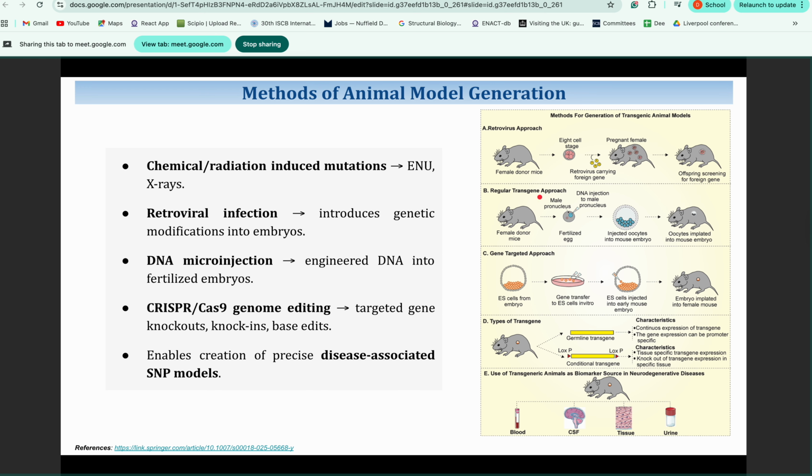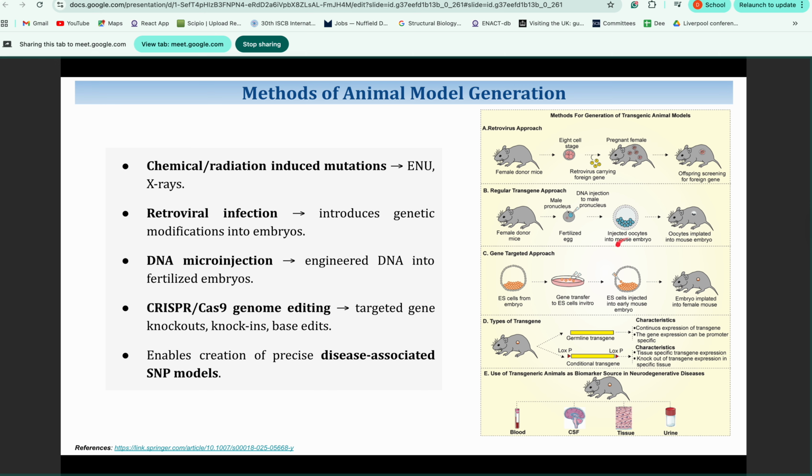Then comes regular transgene approach. So in regular transgene, we have a female donor mice from where we have obtained the fertilized egg which also contains the male pronucleus, and we have injected the DNA of male pronucleus here. So in this we are fertilizing this egg. This egg is obtained from the female pronucleus of the male and then we make the fertilized egg.